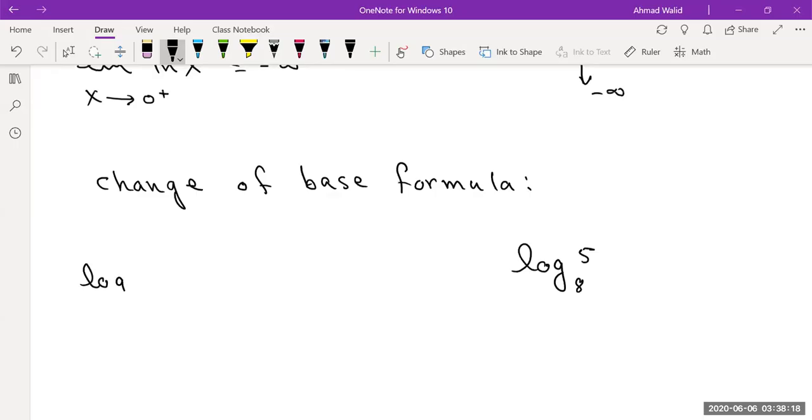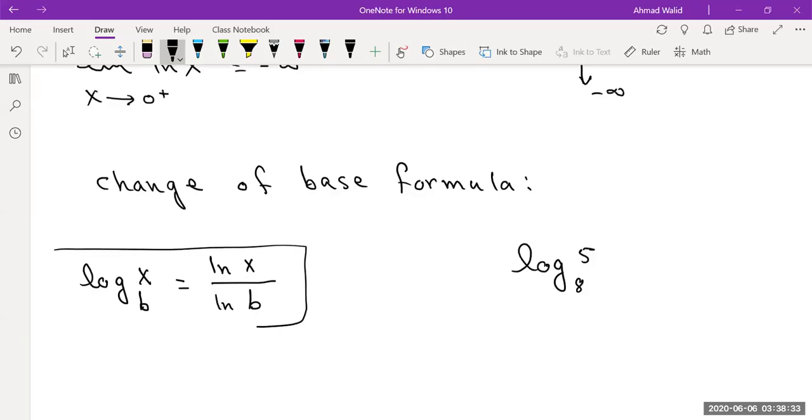If you are looking for the log of x base b, then it's equal to ln x over ln b. This formula we call the change of base formula. Now here, log of 5 base 8, I can write as ln of 5 over ln of 8. And if you look at your calculator, how much is ln 5 and how much is ln 8?